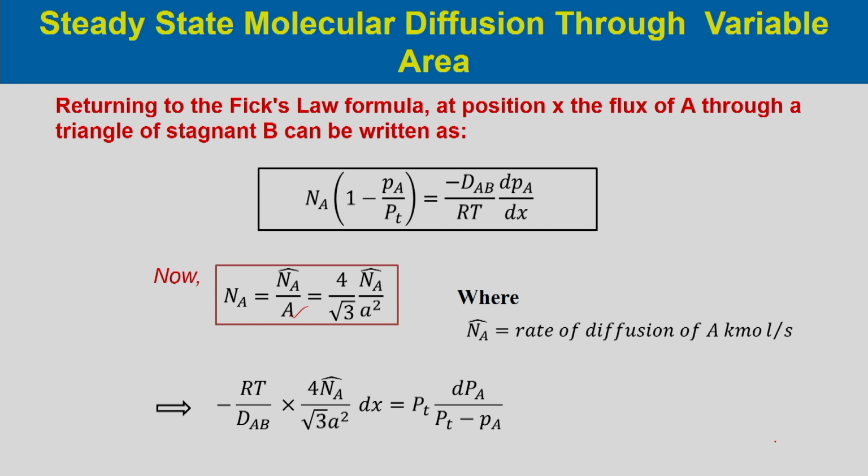So the above equation can be written as minus RT by D_AB into 4 N_A cap by root 3 a square dx, which is equal to P_T into dP_A by P_T minus P_A.